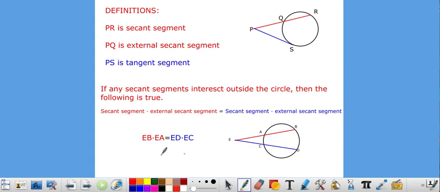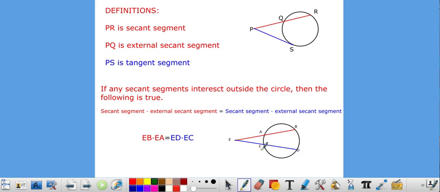Now what's tricky about this rule is we're told the entire secant segment times just the external part, just the outside part, is equal to the entire secant segment times just the outside part of the blue one. So symbolically, EB, the entire length, times EA, is equal to the entire length ED times EC.